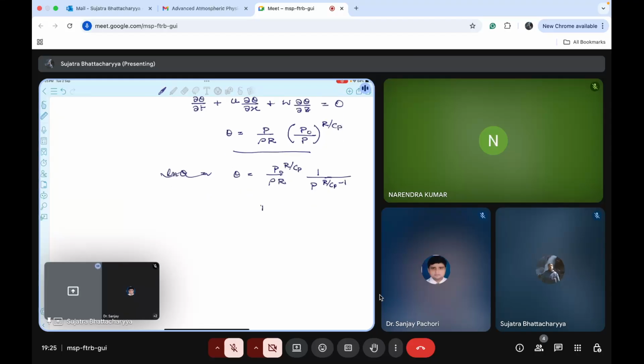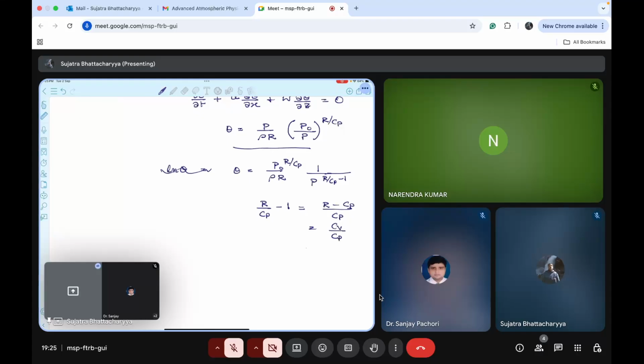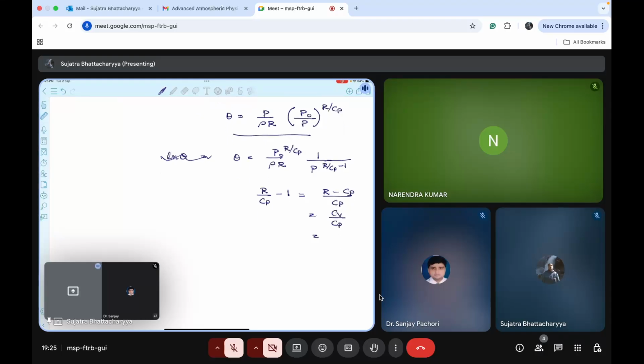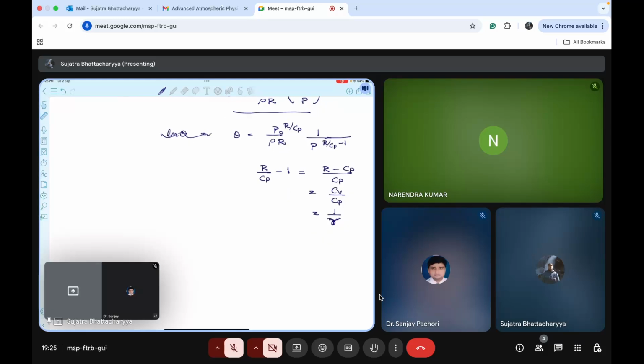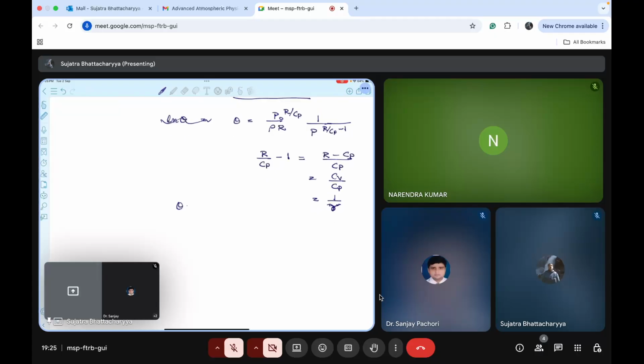We have done this in the last session also. So this will be R minus Cp by Cp. This becomes minus Cv by Cp because Cp minus Cv is R, and the ratio of Cp by Cv is gamma. So we are writing 1 by gamma. Cp by Cv is gamma, remember. So finally we are getting P naught to the R by Cp divided by rho R and 1 upon P to the 1 by gamma.